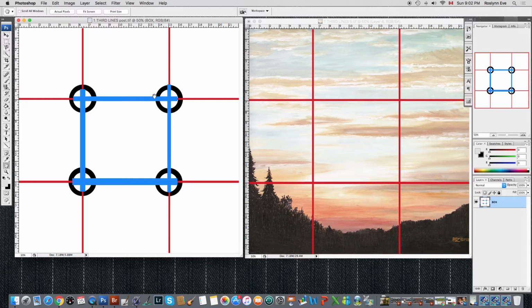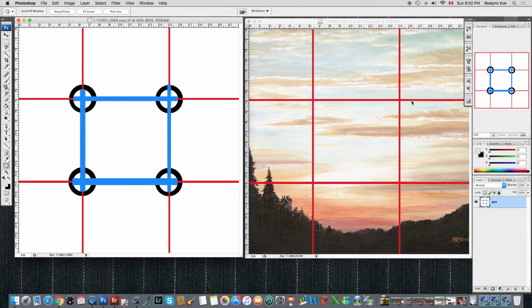And why do I have these black loops, you ask? Well, the black loops are there to show you that this is kind of like a target area. I call it a PowerPoint. And this is all according to Roz's version of art critique, which I call practical art analysis.